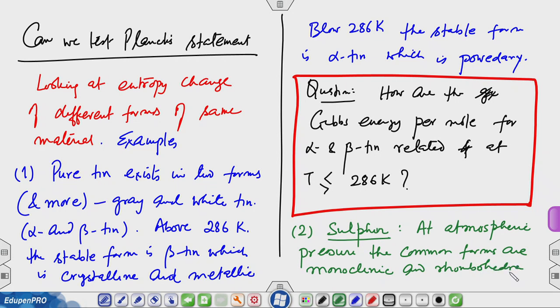This is another kind of crystal one is talking about. The monoclinic is known as beta sulfur, and the rhombohedral one is known as alpha sulfur.